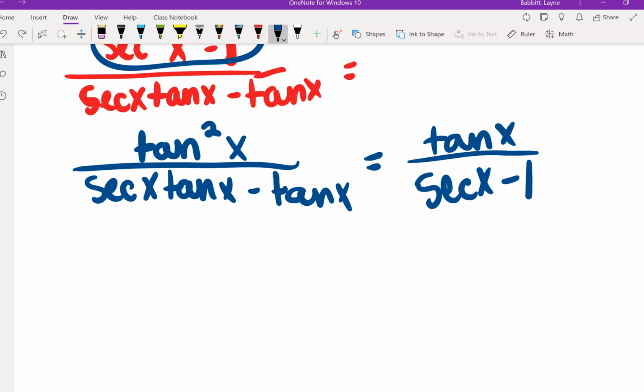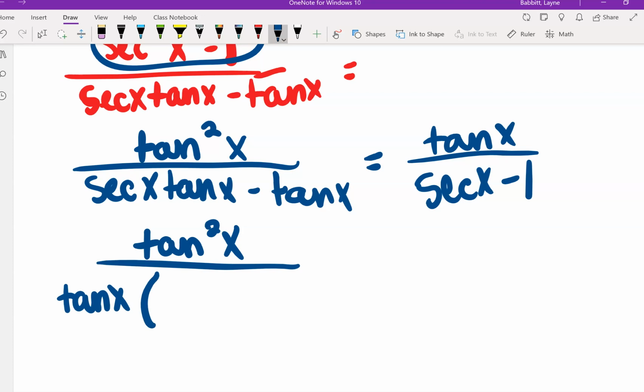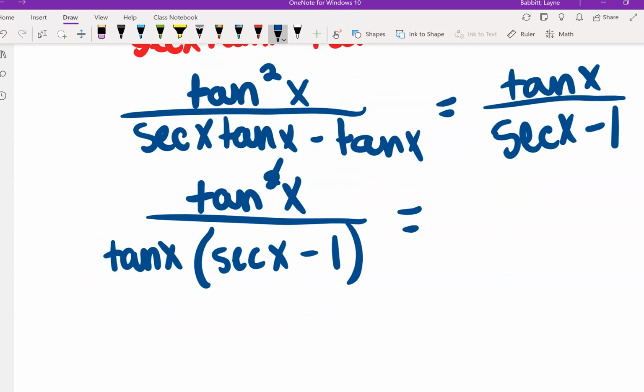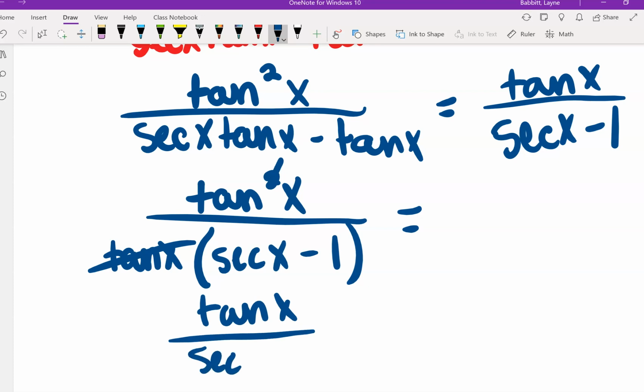So we have tangent squared x on top, and on the bottom we can factor out a tangent, and we'll be left with secant x minus, when we factor out a tangent from there, it's just 1. And then we can simplify this. One of the tangents on the top cancels with the tangent on the bottom. We're left with tangent of x over secant of x minus 1, which is exactly what we wanted it to be.